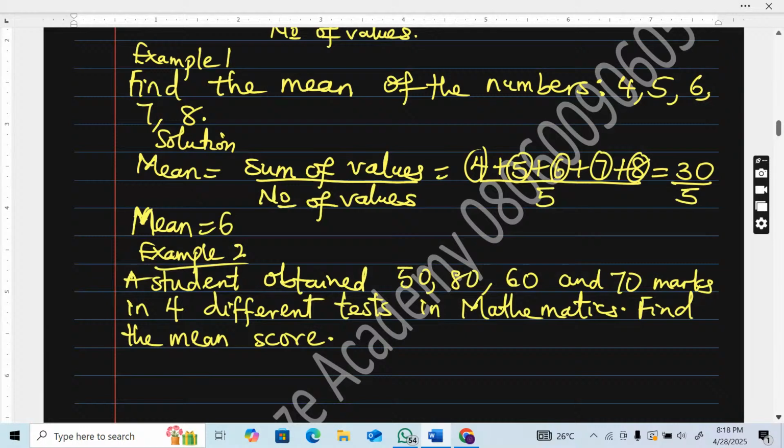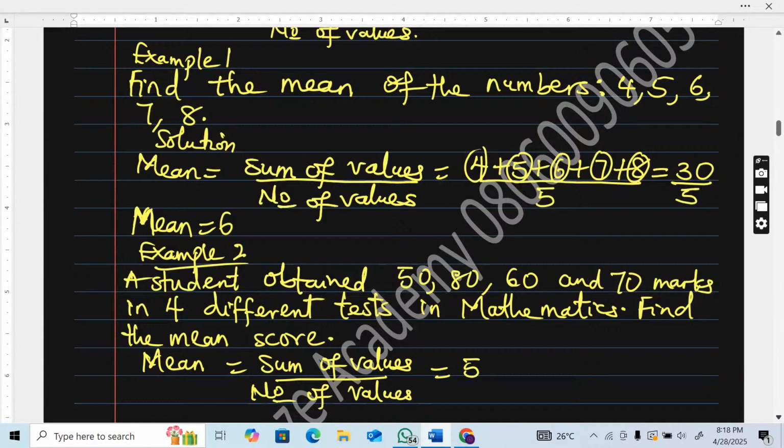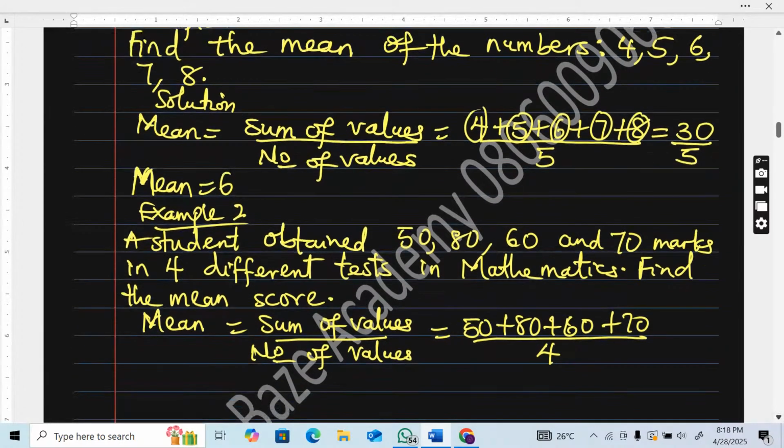That means you're to find the mean, and the formula for mean is equal to sum of values divided by number of values. So we are going to add up all the values together. That will be 50 plus 80 plus 60 plus 70 divided by, we have 4 marks here, so we divide by 4. 50 plus 80 is 130. 130 plus 70 is 200, and 200 plus 60 is 260.